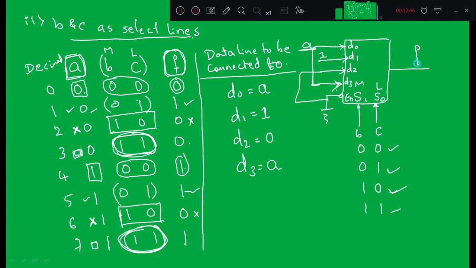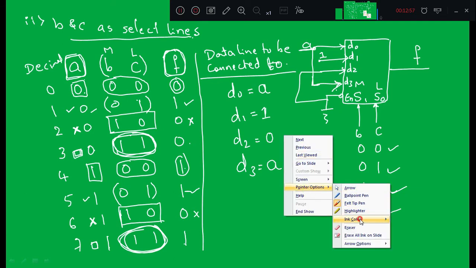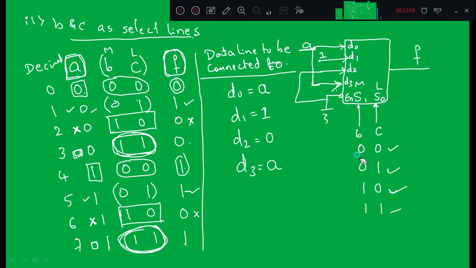So you analyze this design. Okay, now we will verify the same using what? A K-map. We will verify this using a K-map, whether the design will match or not, right?